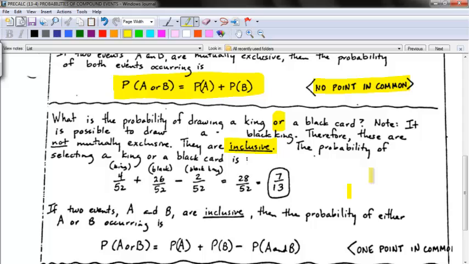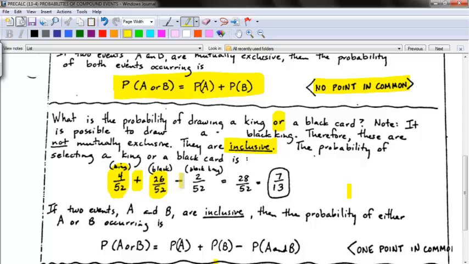So you still add. Figure the probabilities: how many kings are there? 4. Total cards, success plus failure, 52. How many black cards are there? 26, and success plus failure is 52. And we're adding those. But within those two, we have an overlap, because we've included all 4 kings and all the black cards, but within those we have an overlap of 2 black kings.